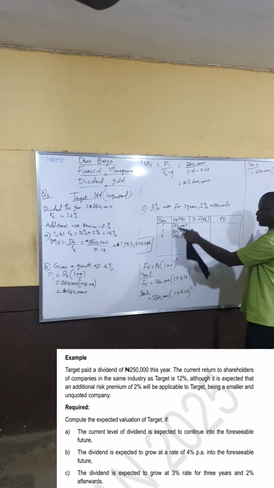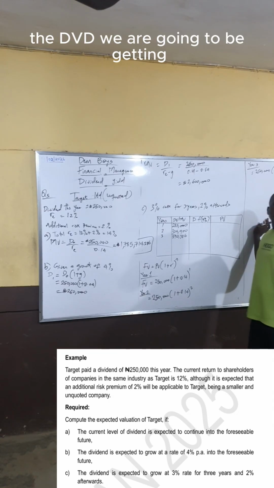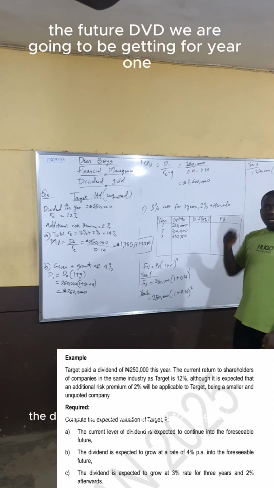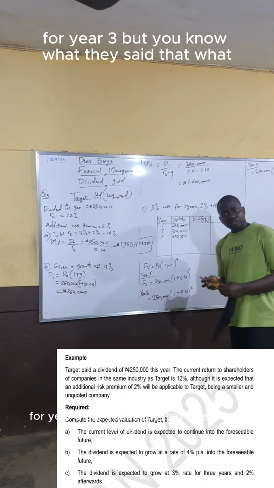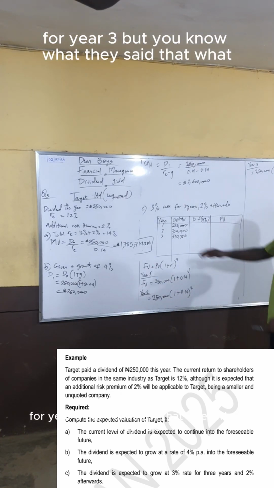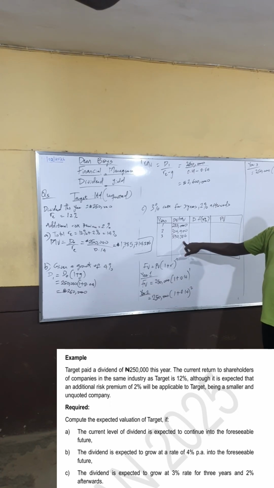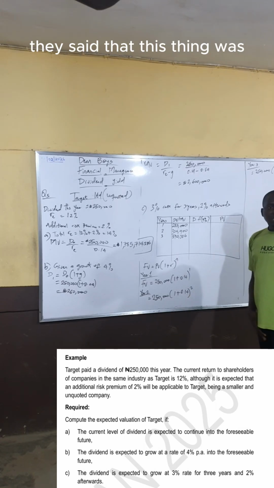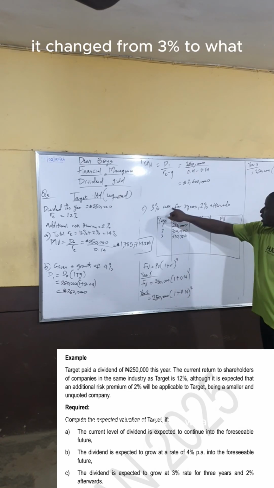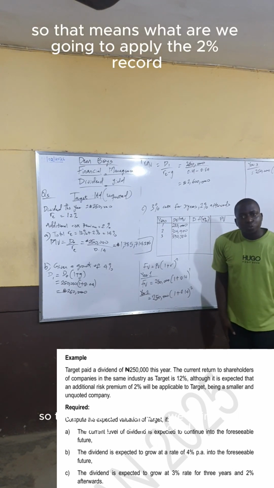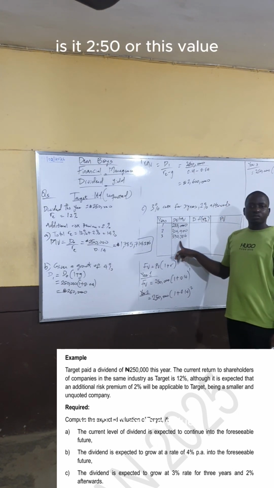Now these are our dividends, the future dividends we are going to be getting for year 1, year 2, and year 3. But you now notice that afterwards, they said this changed from 3% to 2%. So what are we going to apply the 2% on? Is it 250 or this value?